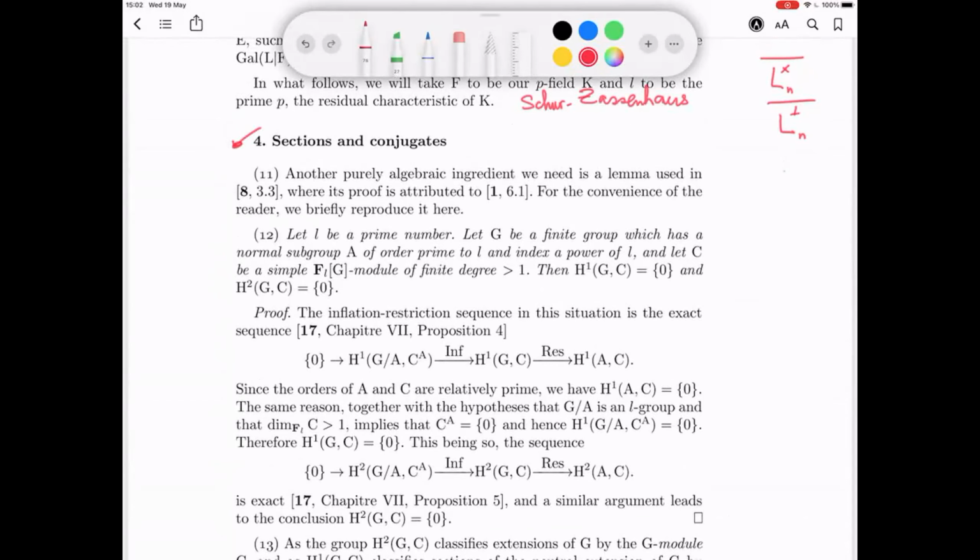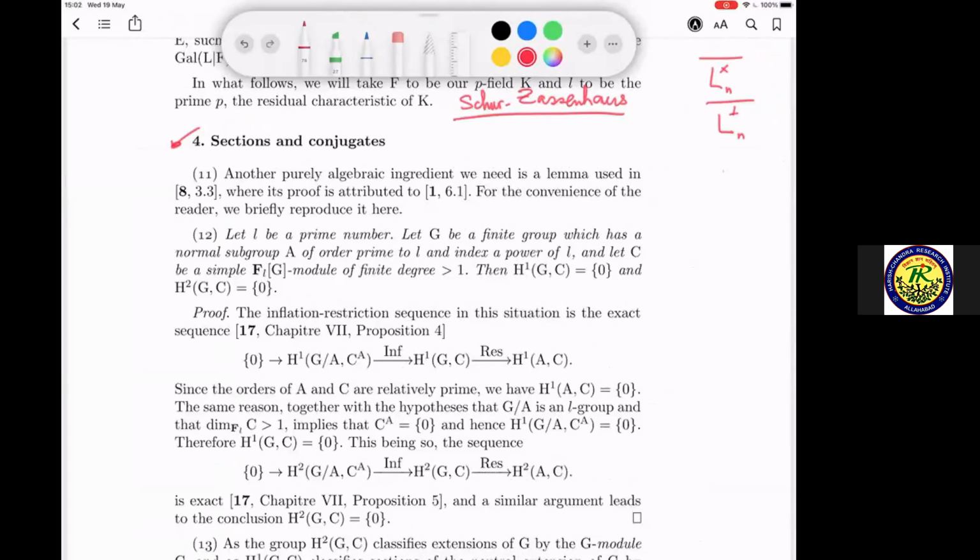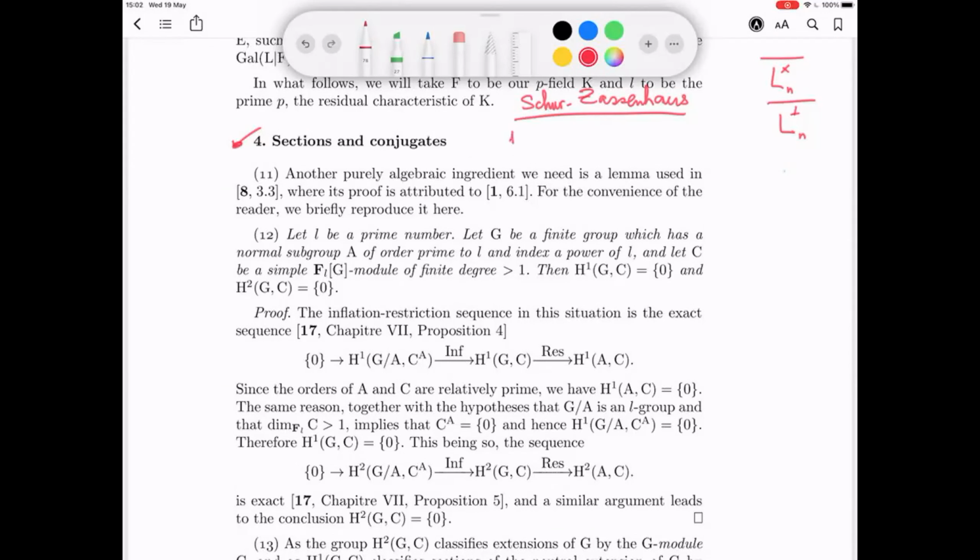The most general statement of this theorem is that if I have a short exact sequence of finite groups, 1 to N to G to Q to 1, there's just one hypothesis: the orders of N and Q are relatively prime.